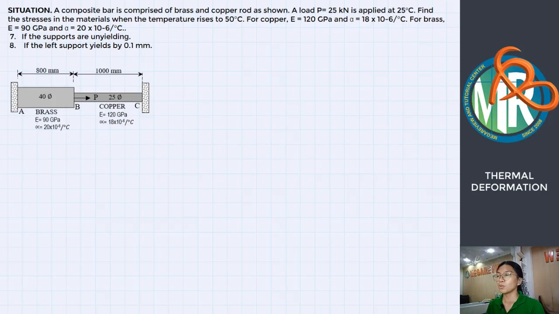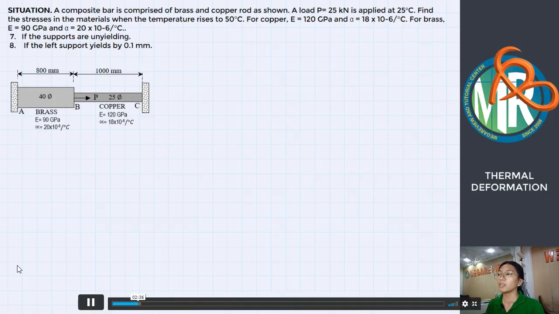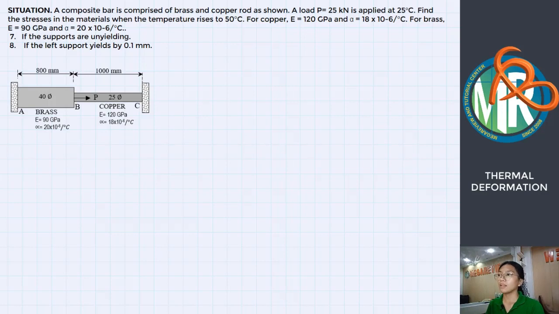For the brass also, modulus of elasticity is 90. Then alpha is 20 times 10 raised to negative 6 per degree Celsius. So for the first condition, if the supports are unyielding, ibig sabihin, hindi po gumagalaw yung supports natin dito sa point A and point C.